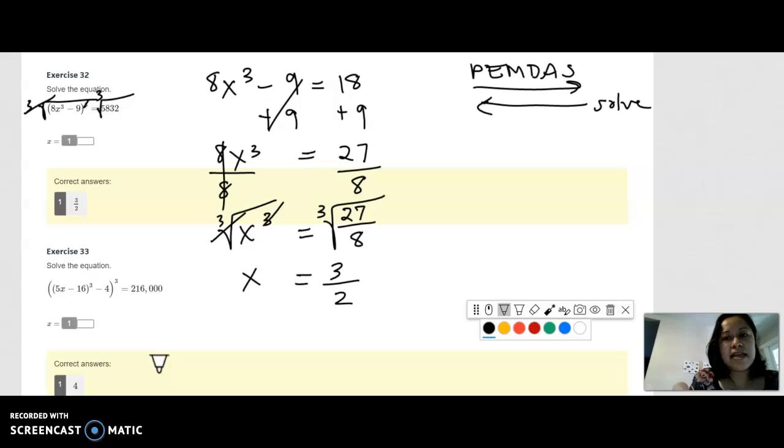And then what I was saying is that you always have to undo in the opposite order of PEMDAS when you're solving. So I subtracted the 9 first, then I undid the multiplication, and finally I undid the exponent by taking the cubed root of both sides. Cube root a fraction by cube rooting the numerator separately from the denominator to get 3/2.